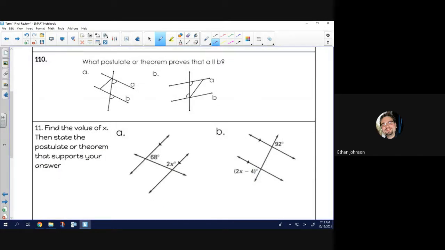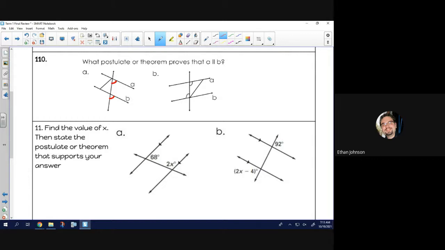For 10, not problem 110, problem 10. What postulate or theorem proves that A is parallel to B? Well, we have congruency marks on this diagram. We have one there, and we have another one there.